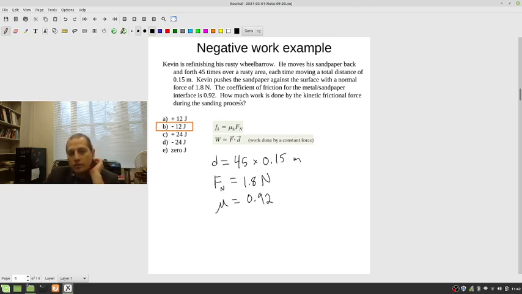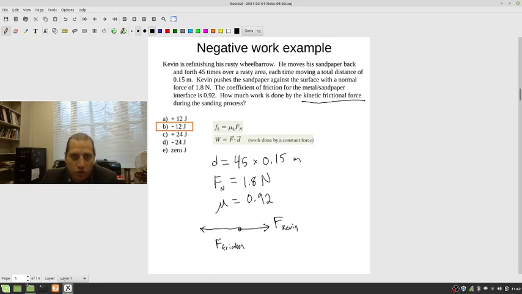The question being asked is how much work is done by the kinetic frictional force during the sanding process. Now, as Kevin is refinishing that wheelbarrow, he is pushing one way. The F of Kevin is going one way, and the F of friction is going the other way.